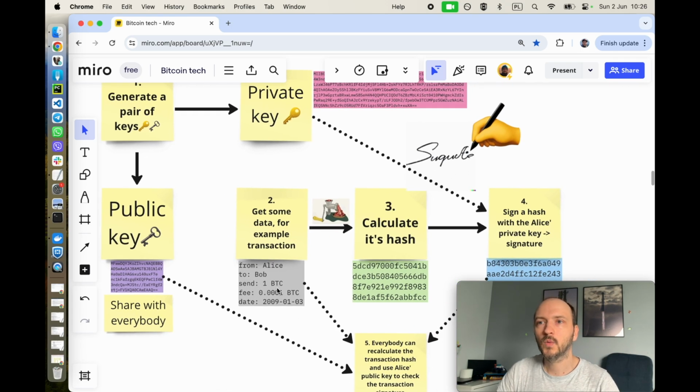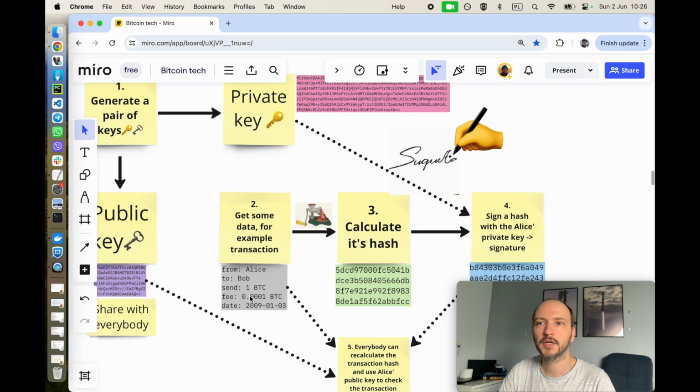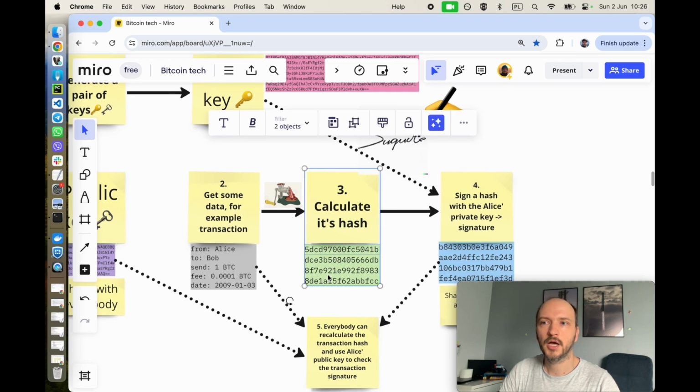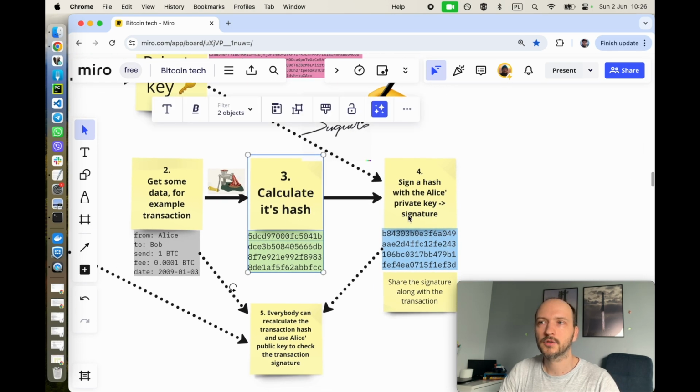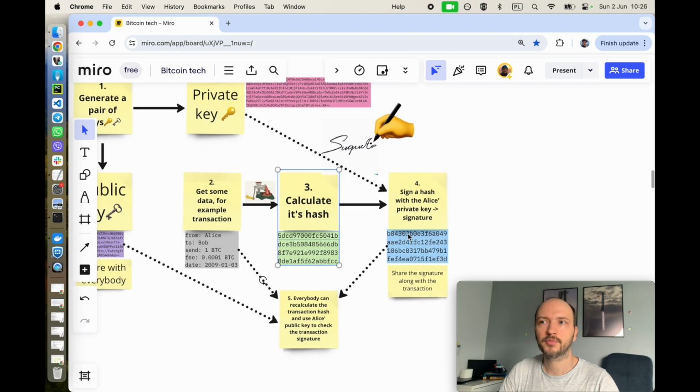And then when you have some data, for example, a transaction like that, where Alice sends Bob 1 Bitcoin with this fee on a given date, probably with some other information, what you do is you calculate the hash of this transaction, and then you sign the hash with Alice's private key and produce a signature.